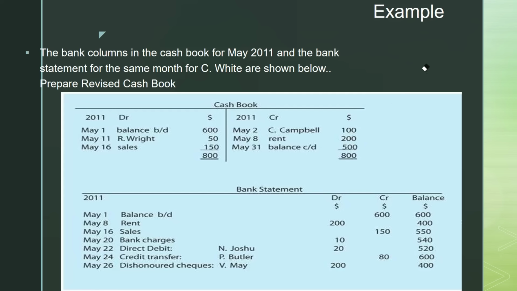I want you all to take a moment, look for the items that are in the bank statement but not in the cash book, and send it to me directly. Send it in a chat on Zoom to me directly, the ones that you find. I'll give you 2 minutes.